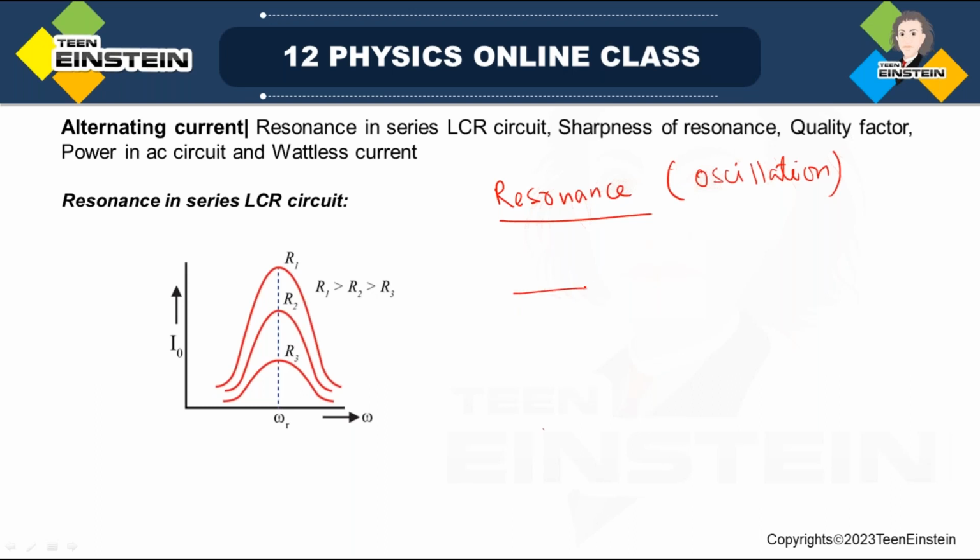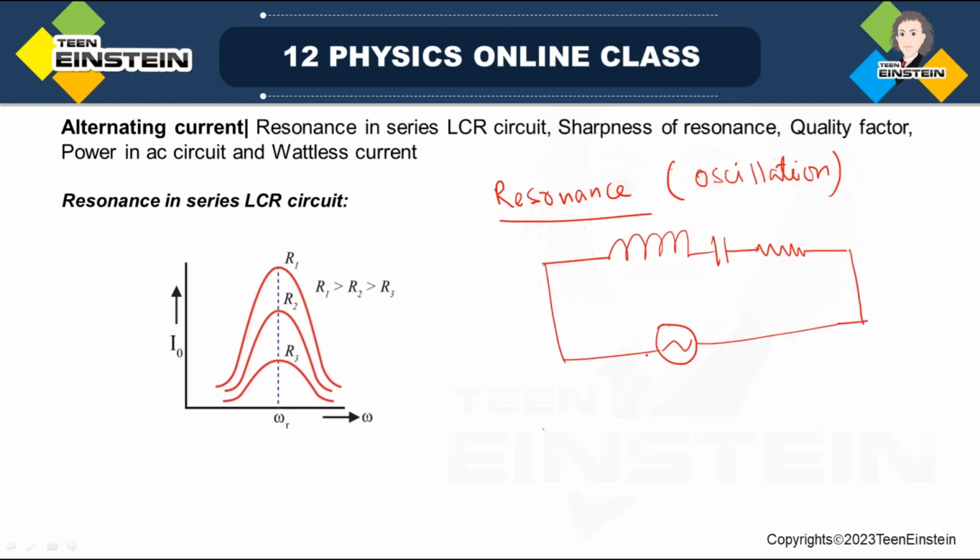So suppose I have an LCR circuit where I have used a signal generator which can send a sinusoidal voltage, a voltage which is varying sinusoidally.